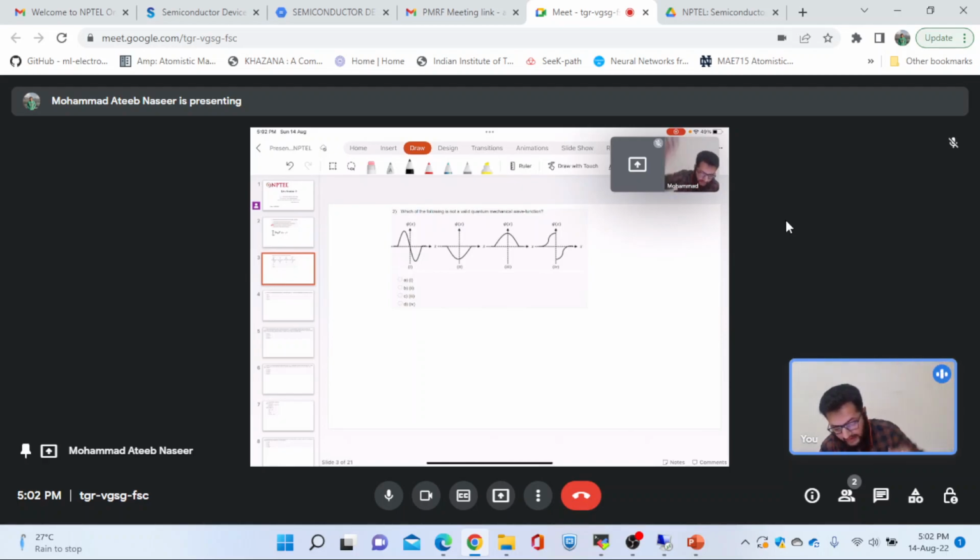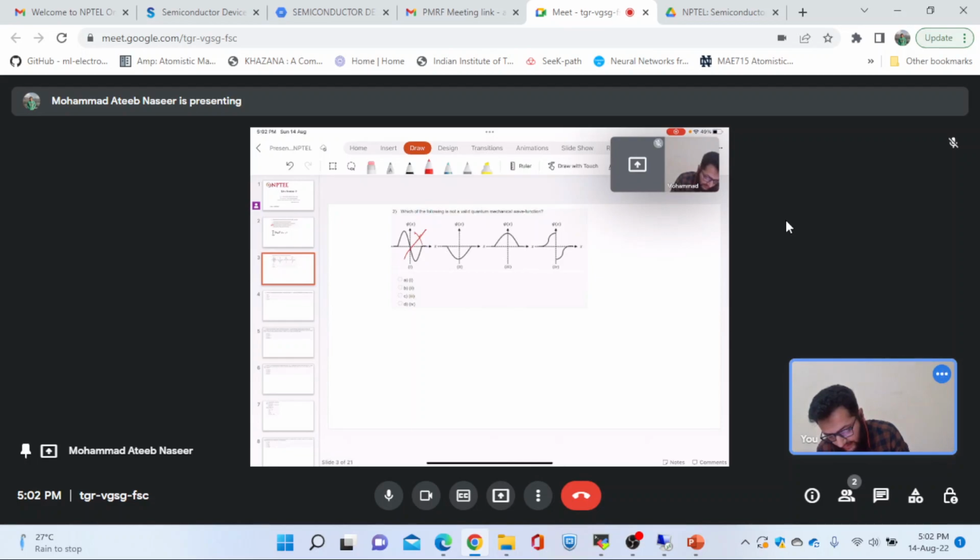We know that the wave function must exist somewhere, and that condition is satisfied over here, but also the wave function has to be continuous. Now let us see whether they are continuous or not. Clearly this over here is not continuous. Am I correct? No, this is continuous, absolutely.